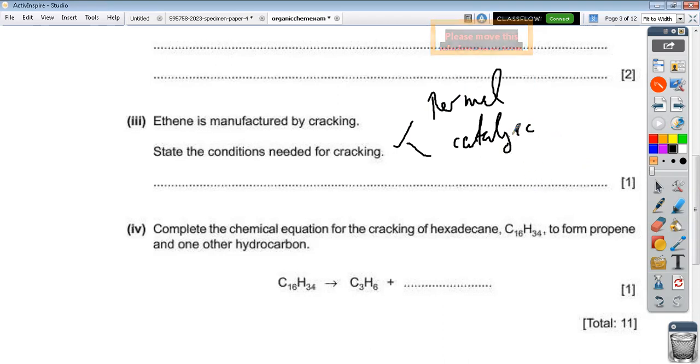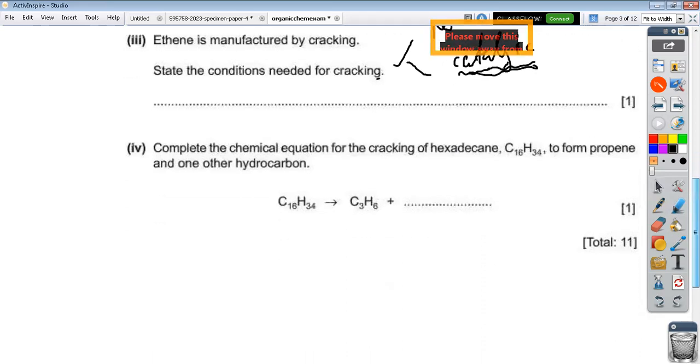For catalytic cracking, you have to use a catalyst, sorry, not an enzyme, a catalyst, a transition metal. Or you can use very high temperatures. Thermal cracking uses very high temperatures and pressure to crack.